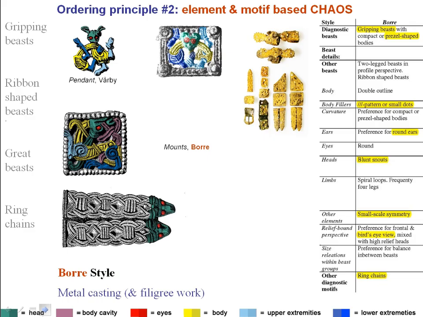As you will see when looking into the handouts, you will realize that they suddenly start to define the Borre style not only according to the question how the details of the beasts are formed, but also by the presence of a certain motif, that is the gripping beast, which, according to Wilson and Klindt-Jensen, happens to be the main feature that divides it from the subsequent Jelling style.